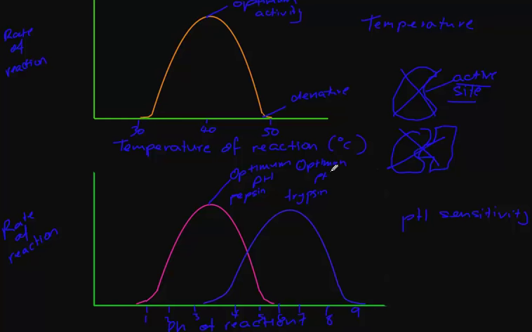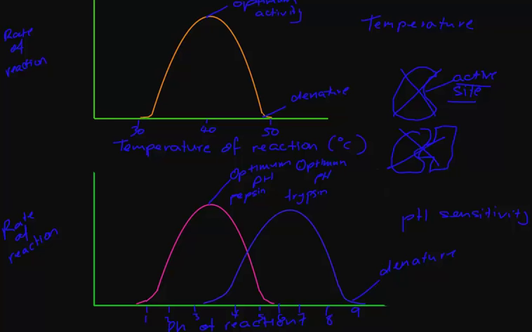Both of these work within their own range, and they have an optimum pH. They can work a little bit outside that range, but outside that range they will again start to denature. At the very extremes they will denature. However, both enzymes are active in very different ranges from each other.